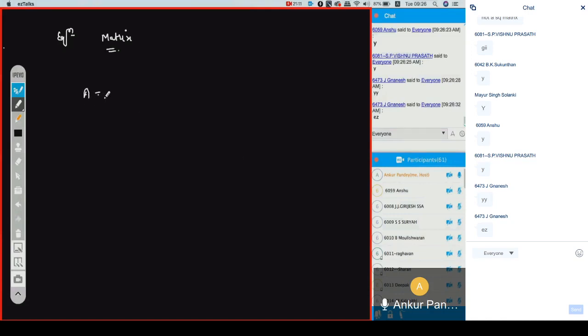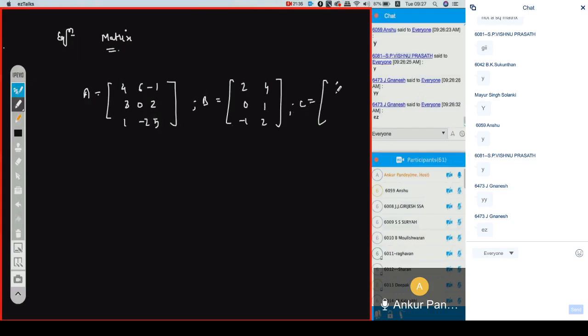So when A is equal to 4, 6, minus 1, 3, 0, 2, and 1, minus 2, 5, B is equal to 2, 4, 0, 1, 2, 4, 0, 1, minus 1, 2, and C is 3, 1, 2.